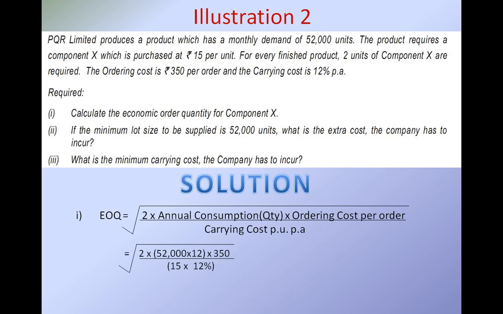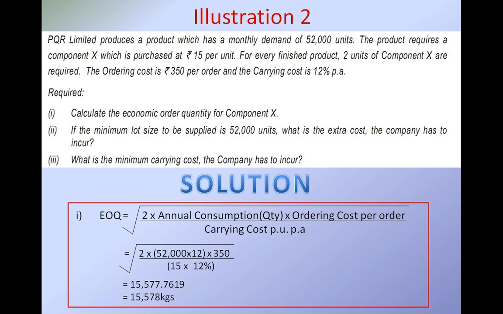The ordering cost per order given in the question is 350, and the carrying cost is 12% of the price, which is 12% of 15. You calculate everything, and the answer is 15,577 point so and so. We can round it up to 15,578. So that is the answer for the economic order quantity.